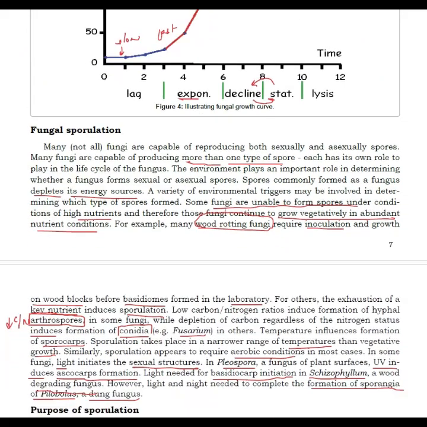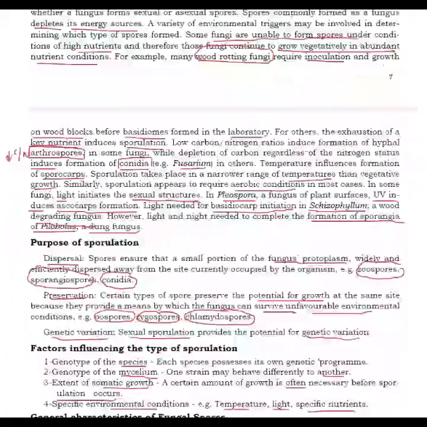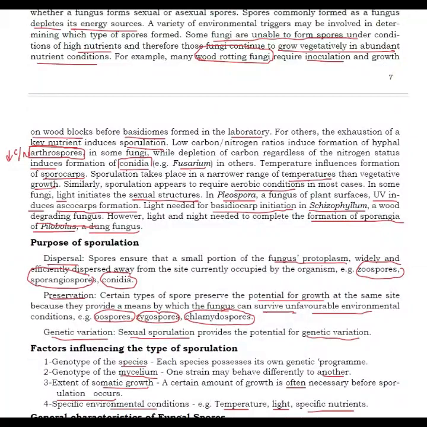And then the fungal sporulation. There are several types of spores which are formed under adverse conditions. The purpose of sporulation is either dispersal or preservation. Dispersal spores are zoospores, sporangiospores, and conidia, and preservation spores are oospores, zygospores, chlamydospores. We'll study one of them in detail in subsequent videos.